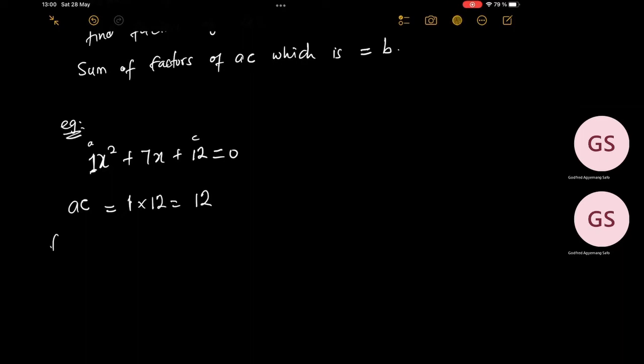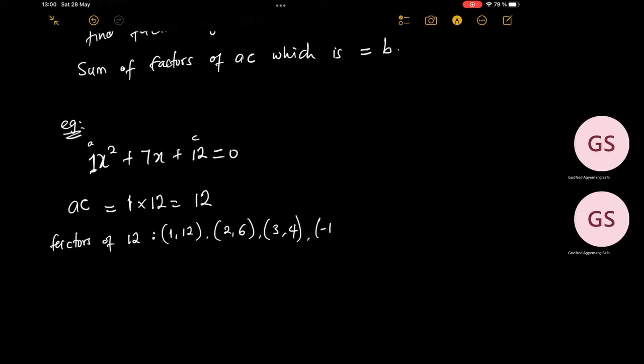Then we find the factors of 12. We have 1, 12, then 2, 6, 3, 4. When you multiply these, you get plus 12.